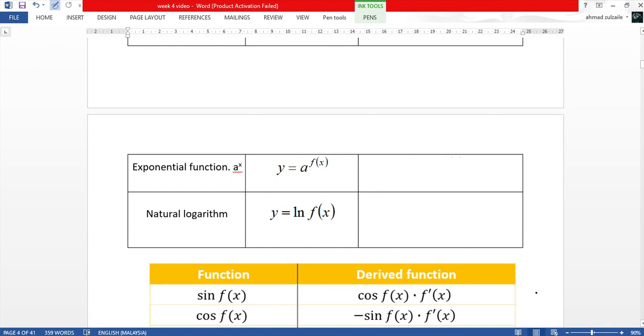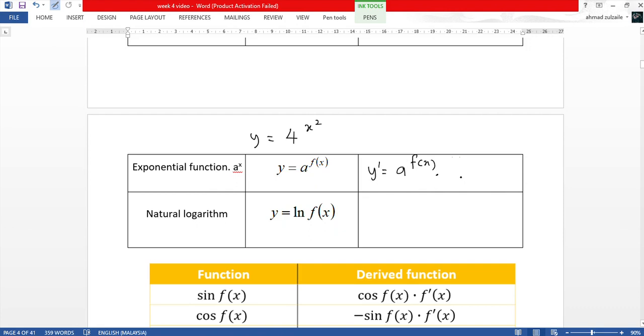Next, again an exponential function, but this time your base is a number, for example y equal to 4 to the power of x squared. The derived function for this exponential function with a number base is very simple. Copy whatever you have from the question.